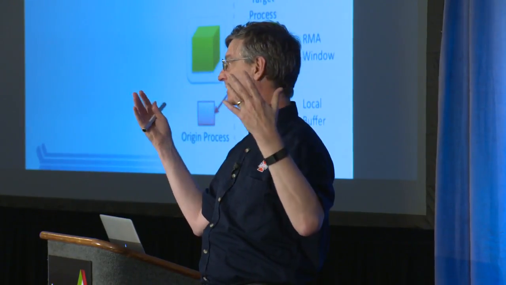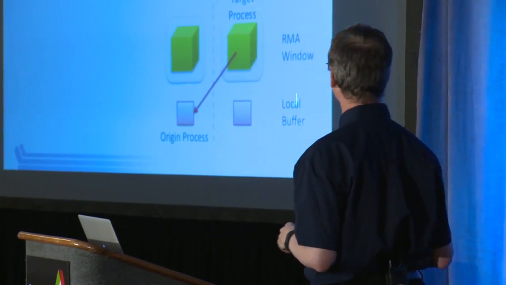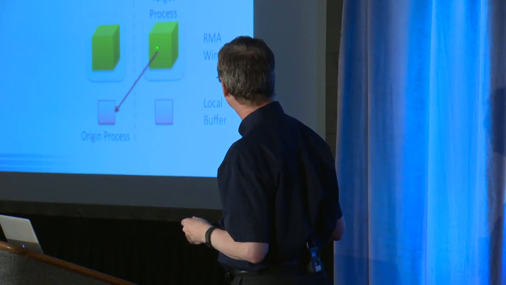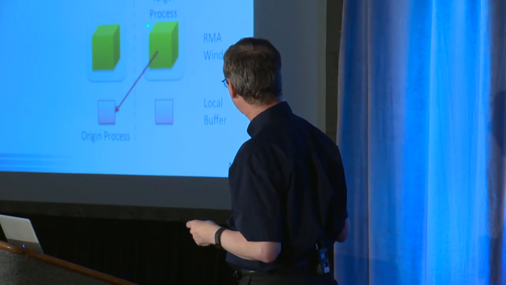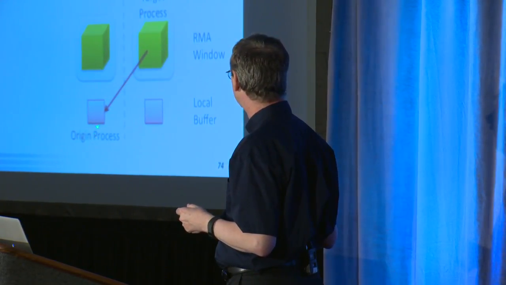Just like I would in a send or receive, I would have included a communicator. And so that's going to get data from the memory that was made accessible back into this origin. And this displacement is relative to the beginning of the memory that was exposed by the winCreate or the winAllocate.